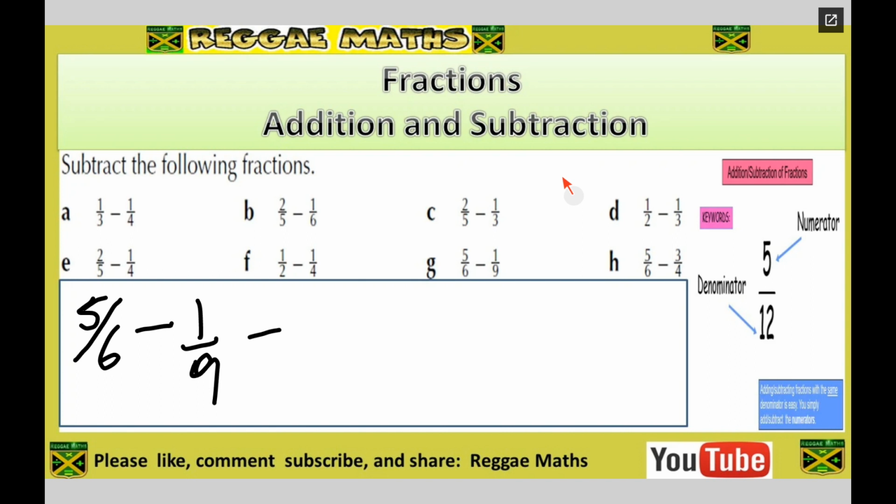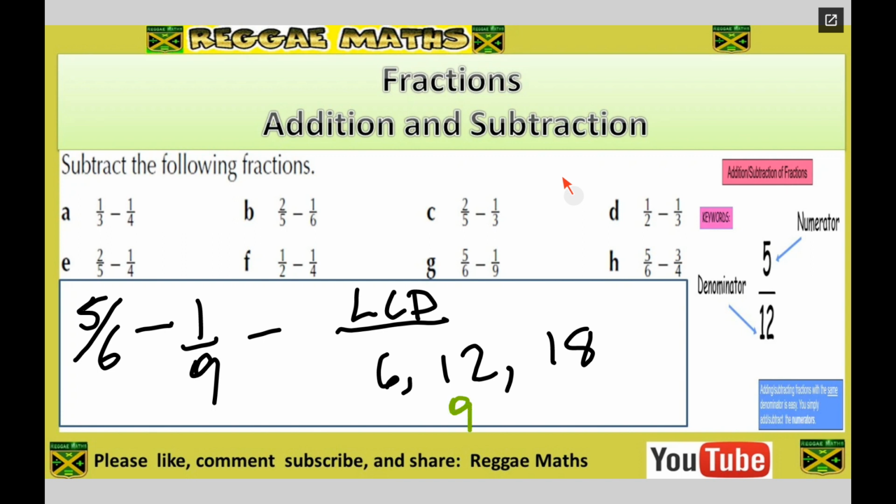So again, lowest common denominator: we got 6, 12, 18. And for 9, let's use a different color for 9. So 9, 18. So you can see here, lowest common denominator is 18.